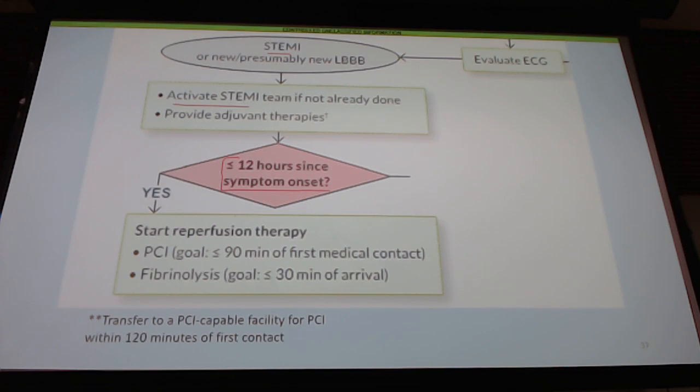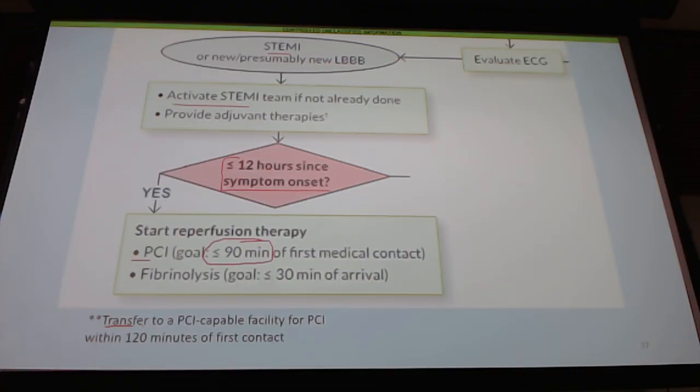But if it's been less than 12 hours, and we can do PCI, so we can do a catheterization in our hospital, the goal is within 90 minutes they're in the cath lab getting their procedure done to fix that perfusion deficit. If for whatever reason this patient presents to Jennifer Moreno and I cannot do a PCI there, I now have 120 minutes from first contact to get them to the cath lab. Can I, within 2 hours, get this patient from Jennifer Moreno to BAMC to the cath lab?